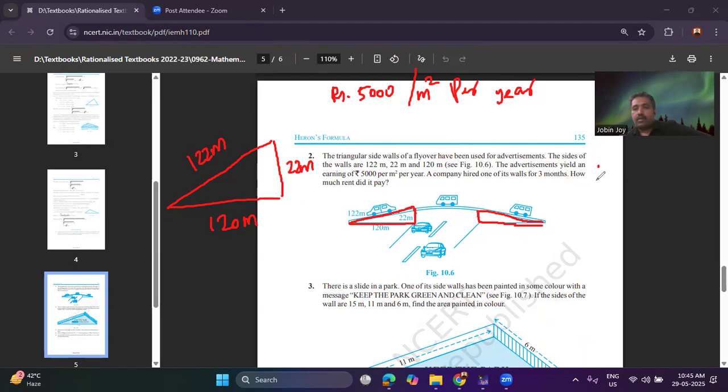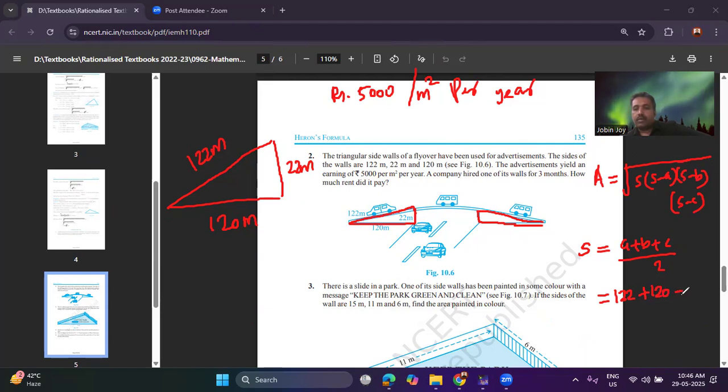So to calculate the area, we know the equation, right? The square root of S into S minus A into S minus B into S minus C. First of all, calculate the semi-perimeter. Semi-perimeter is equal to A plus B plus C divided by 2. That means 122 plus 120 plus 22 divided by 2, that is equal to 132 meter. So that is the semi-perimeter.